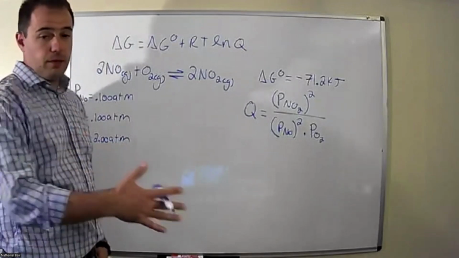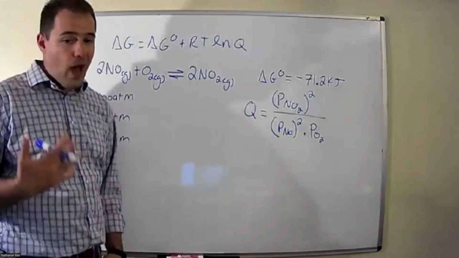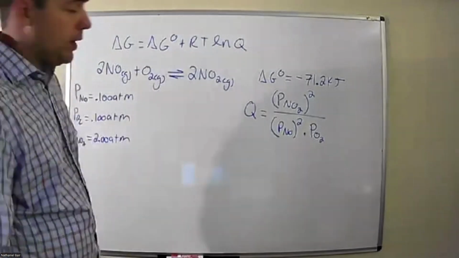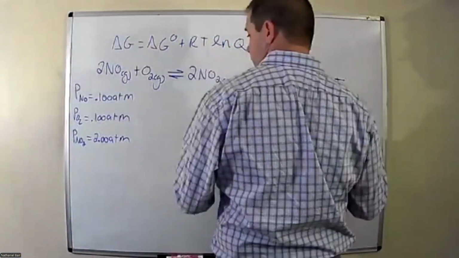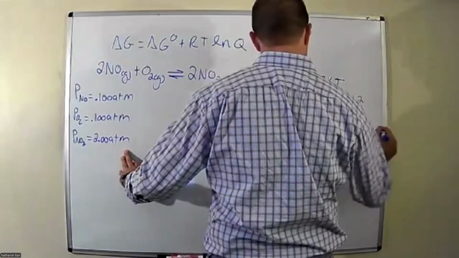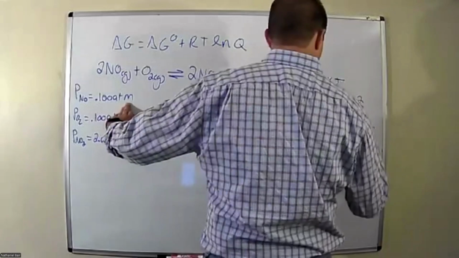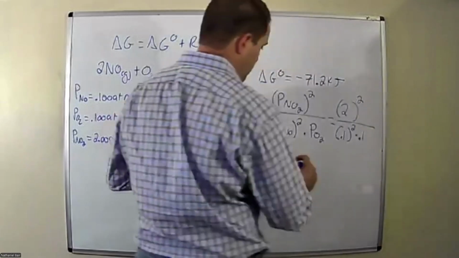Equilibrium weasels its way into essentially everything in Chem 102 except for kinetics, right? It's just wild how it does that. But anyway, we got to plug that stuff in here. Here we go. So the pressure of NO2, that's going to be 2 squared over 0.1 squared times 0.1, so 0.1 cubed.